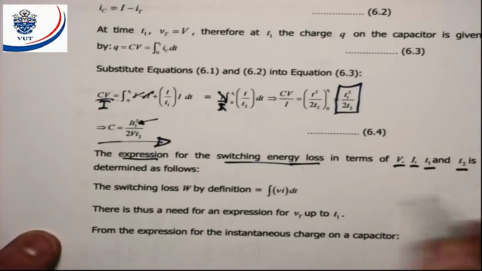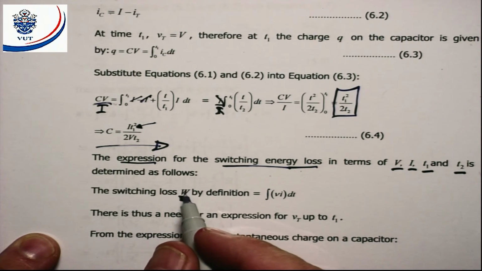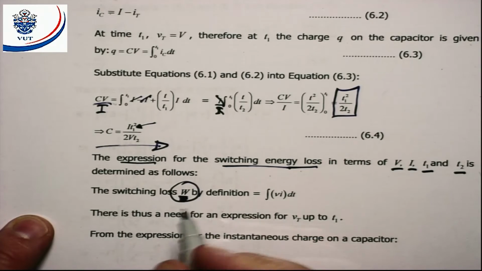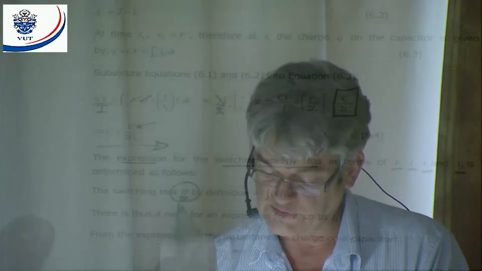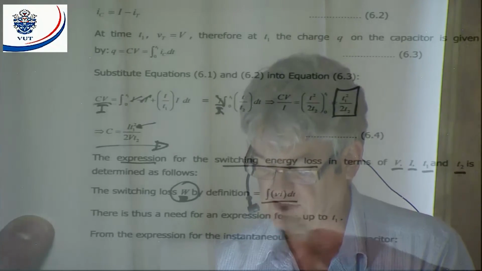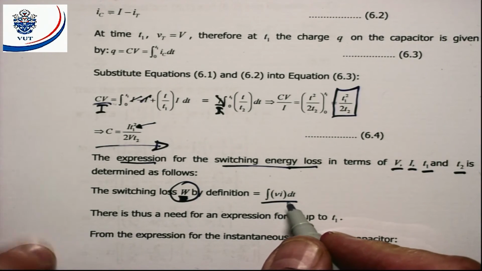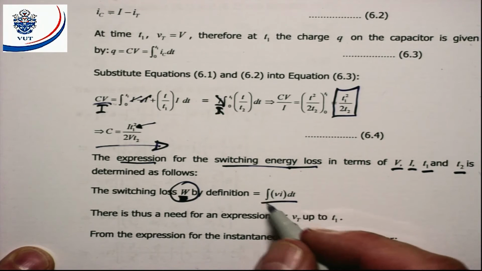Previously I used E there, but it was confusing because it lets you think of DC voltage, so scientists use a W for energy. The switching loss by definition is the integral of the product of the voltage and the current, and that is the area under that curve.